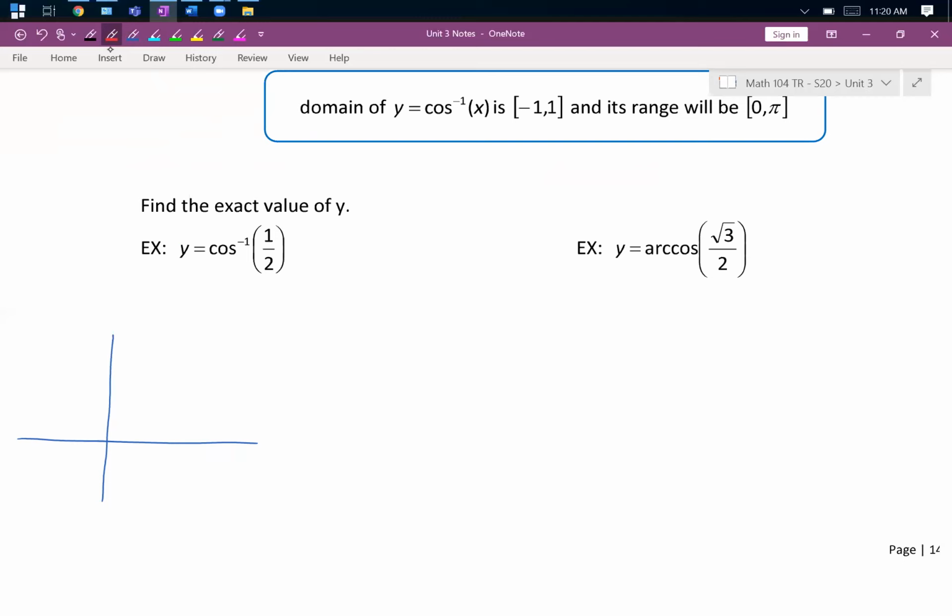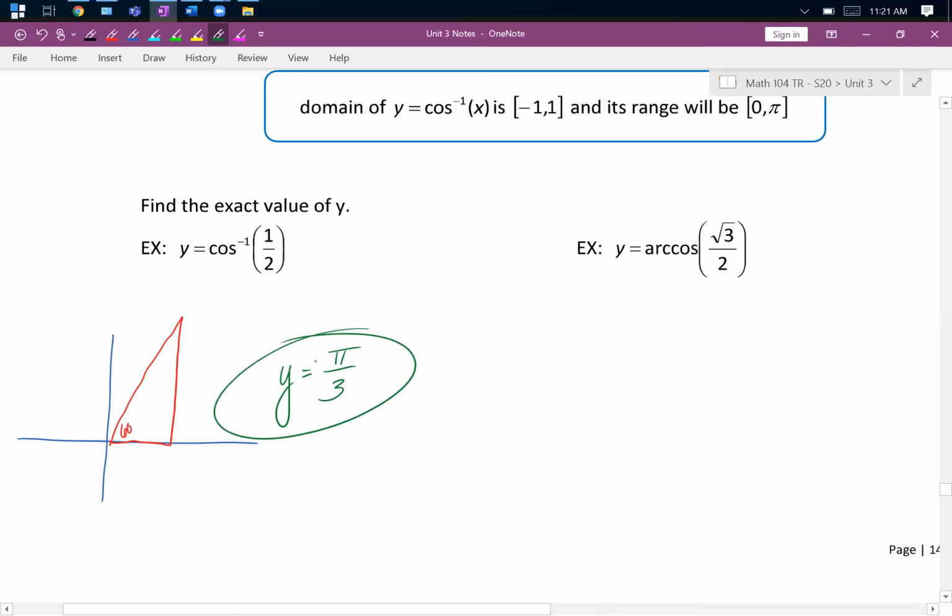I see that 1/2 is the short side of my 30-60-90 triangle, so x is my short side, y is my long side, and we have a triangle with a 60-degree reference angle. Well, that's within quadrant 1, so we simply get that y equals π/3. That's the angle where cosine is equal to 1/2.